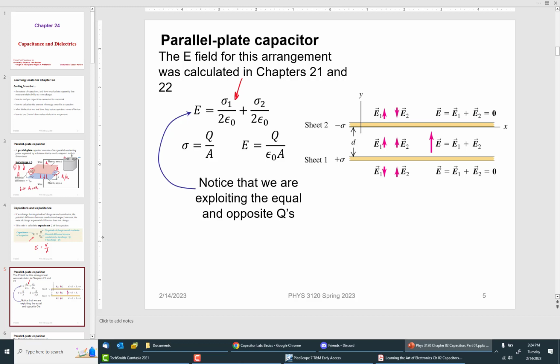If you have two plates, because we need two plates since we can't have any net Q, we need two terminals for a useful device.